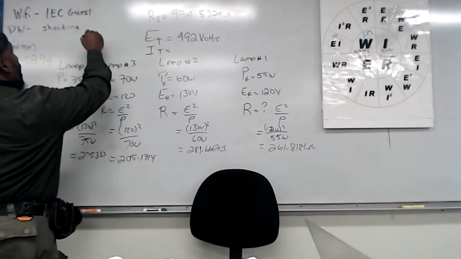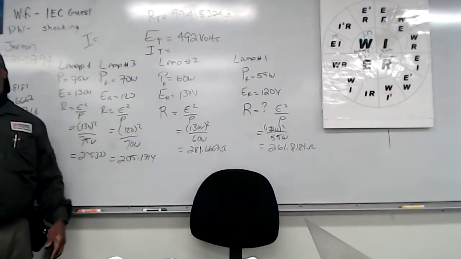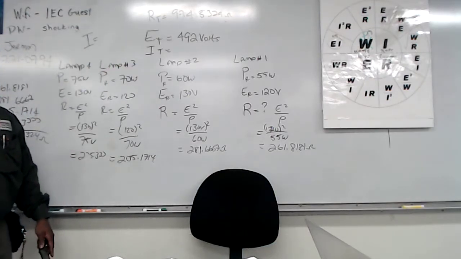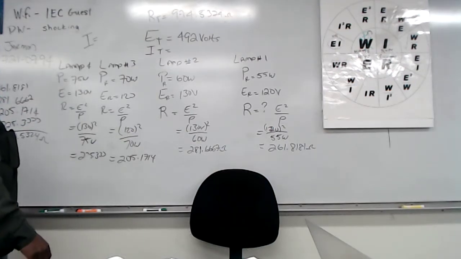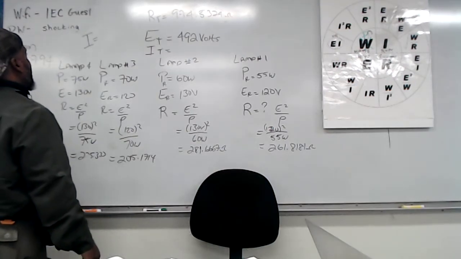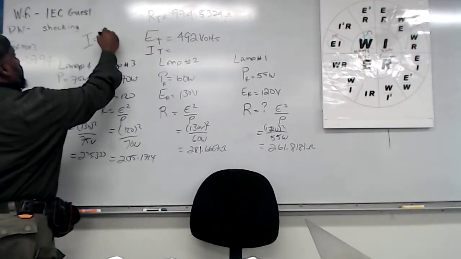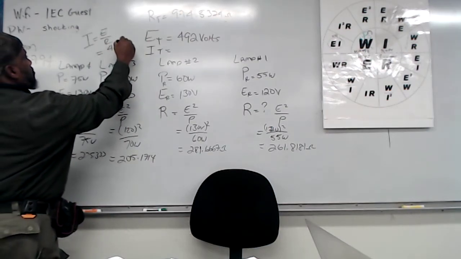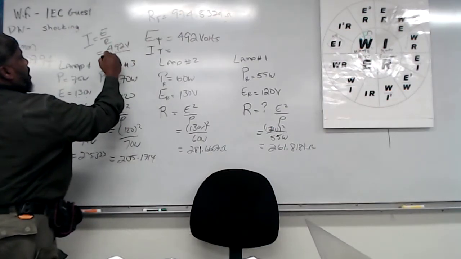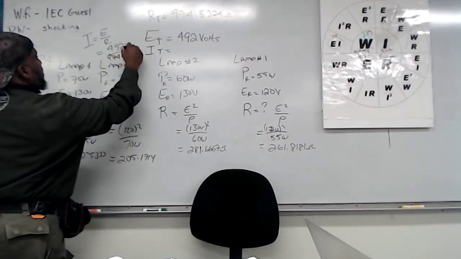So what's I? How can I find I? Amps. How can I find I? Volts over resistance. E over R. Right? That's 492 volts divided by 974.5324.